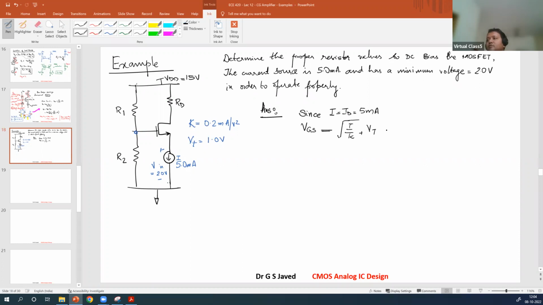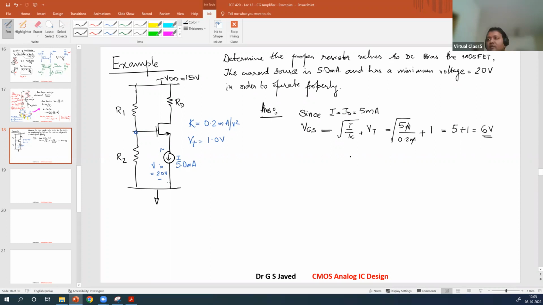So now we know this value. How much is this? I is 5 milli, K is 0.2 milli, square root, plus VT. VT is 1 volt. Milli will go with milli here. So 0.2 is 1 over 5. 5 into 5, 25. Square root of 25, 5. It is plus minus 5, but you will take the positive value. So 5 plus 1, you get VGS value to be 6 volt.